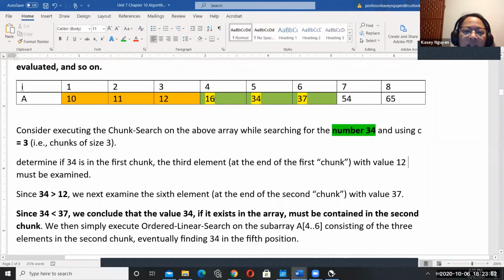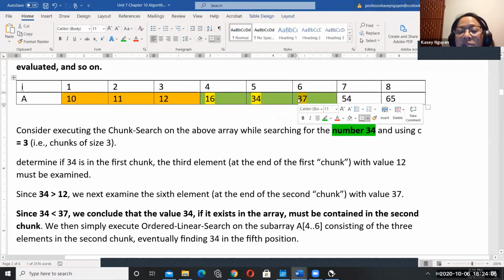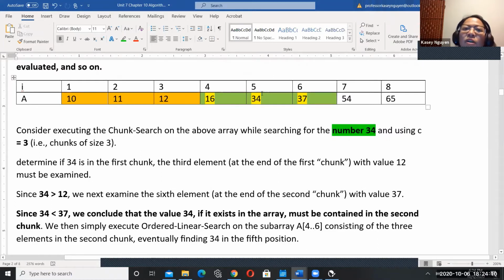As we mentioned, since 12 is lower than 34, it's going to move to the second chunk and compare. 34 is greater than 12 and 34 is less than 37, which is the highest value in the second chunk. Then it knows that it's in the second chunk. Any questions?